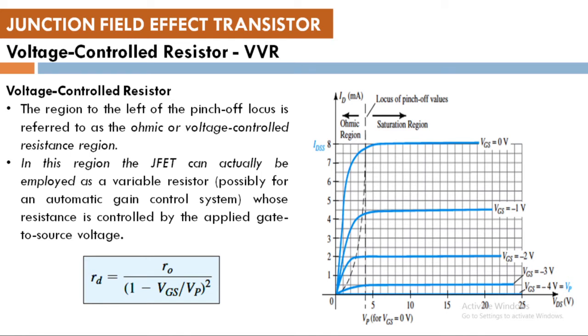Automatic gain control is used in most audio applications. When we talk about automatic gain control, we can take the example of an audio amplifier.